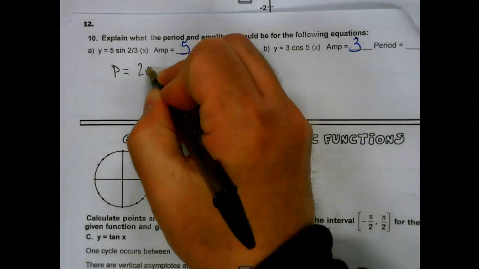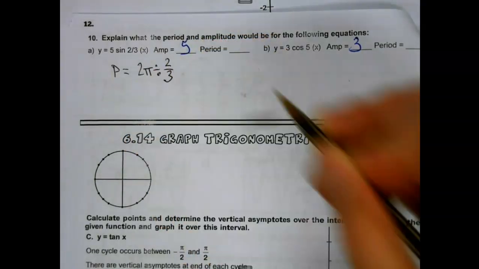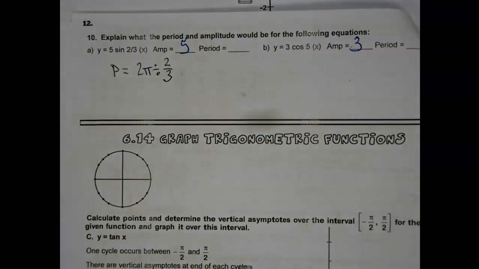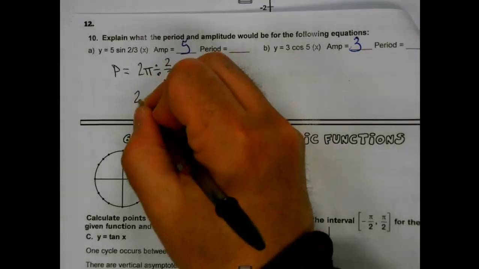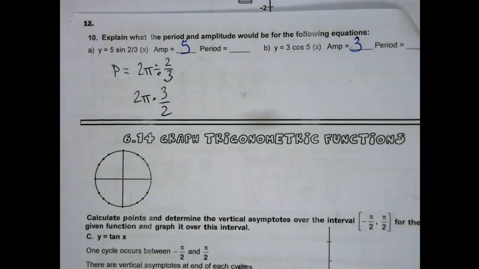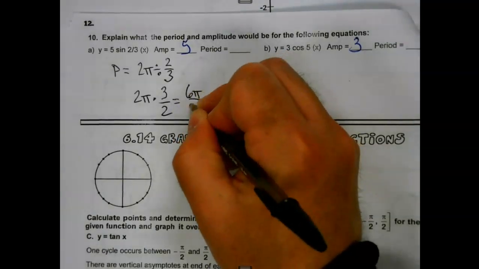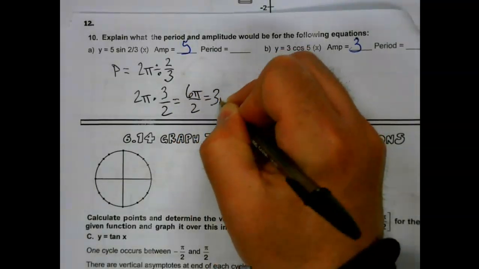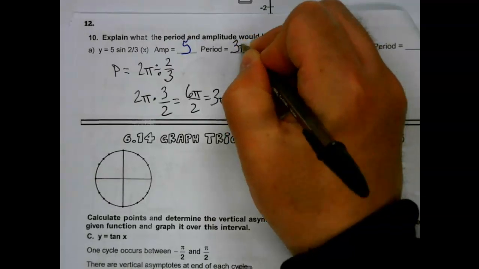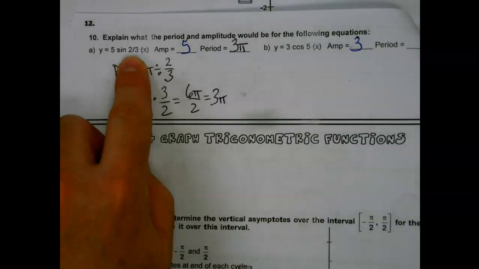So when you're doing it, I'm even going to do it horizontally this time to make it a little more clear. Dividing by 2/3 is the same as multiplying by 3/2. And yes, last I checked, 6 pi divided by 2 is 3 pi. Because again, if you're dividing by something that's less than 1, it's going to get bigger.